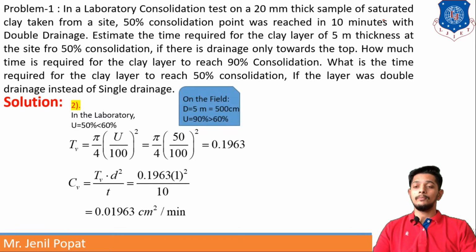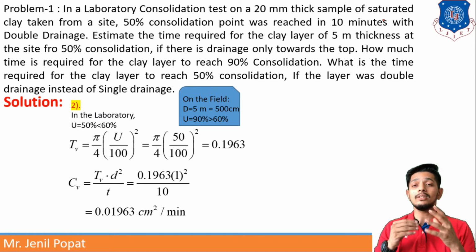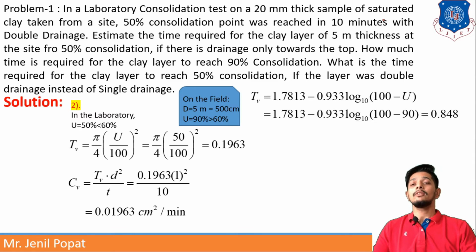Moving forward to the field, D is given as 5 meter or 500 centimeter, and U is 90% consolidation. We are asked what time will be required if 90% consolidation is reached. So let us find Tv first. As it is greater than 60%, I have to use the Tv formula: 1.781 minus 0.933 log 10 of (100 minus U).